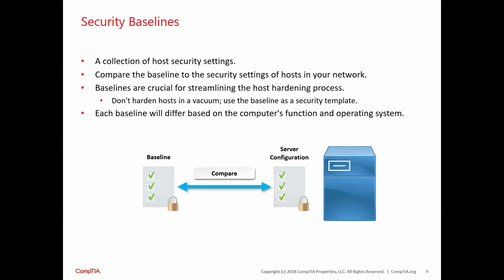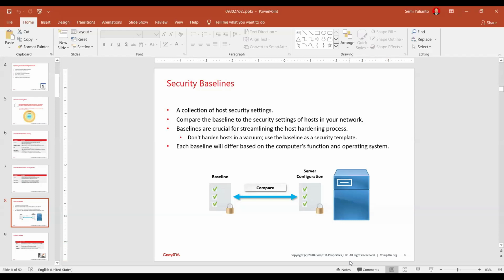For example, you can create a baseline for all of your web servers that would only allow port 80 and 443. So normally we create a baseline based on the roles of that particular computer. Let me give you an idea about this.